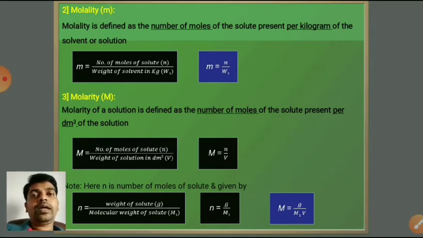molality. Now this molality is represented by the small m, and it is defined as the number of moles of solute present per kilogram of a solvent or solution.